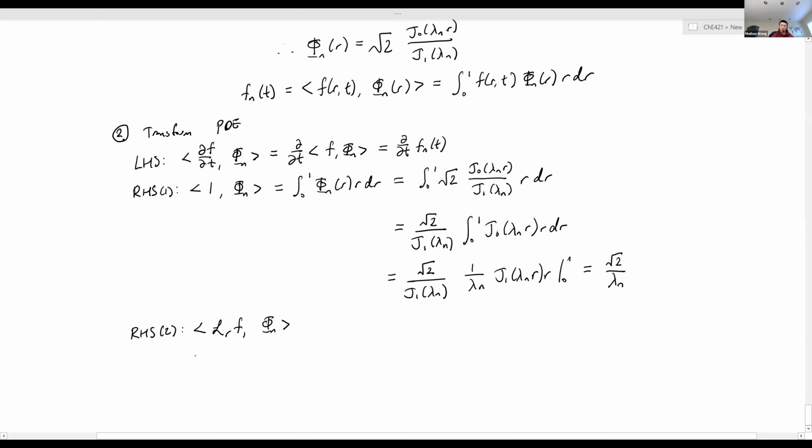This operator right here is just 1 over r times d by dr, r df dr, like that. I'm just writing it shorthand. This is the integration by parts step. But again, the integration by parts here looks a little bit different. The result of that integration by parts looks like this.